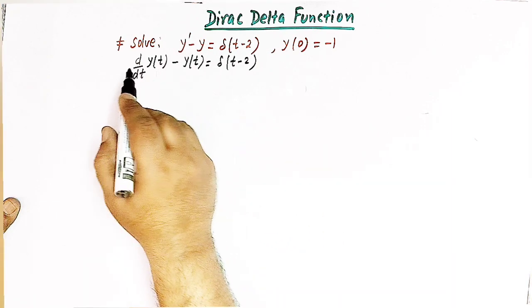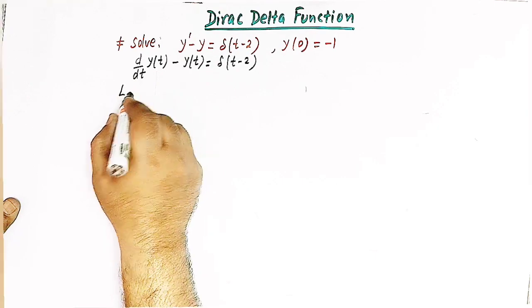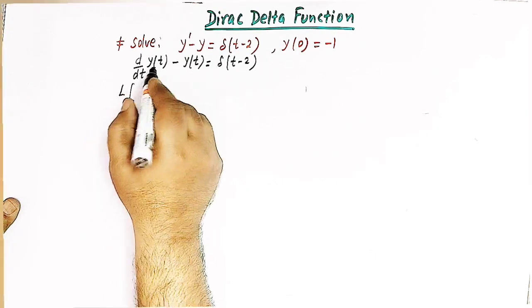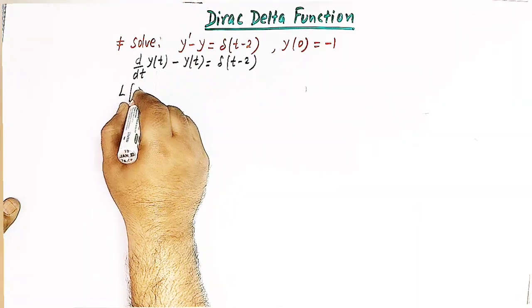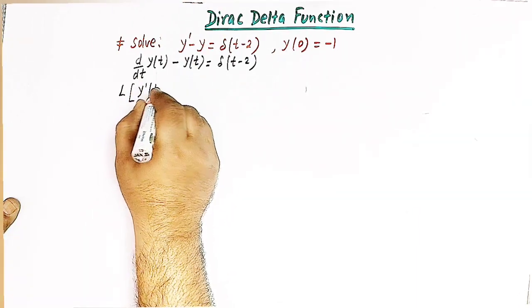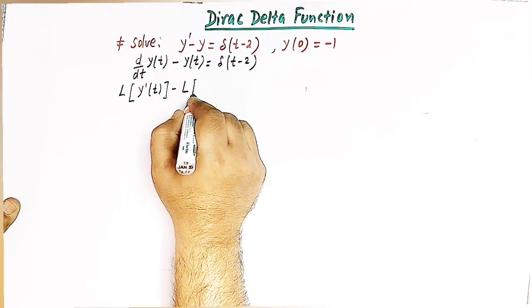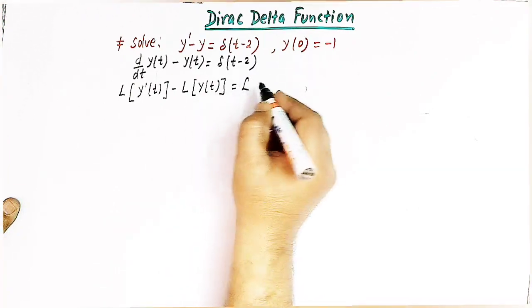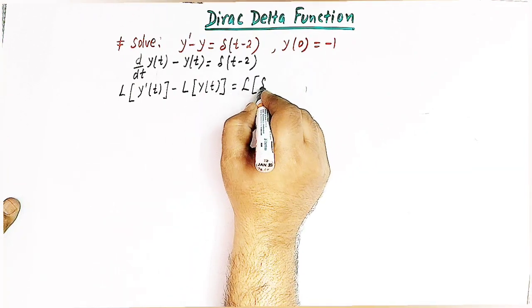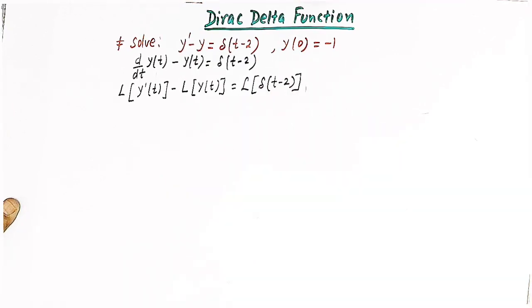Okay, now taking the Laplace transform of both sides, we'll write L, and then we have d by dt of y of t, which is simply y prime of t, right? And here we have the Laplace transform of y of t, and here we have the Laplace transform of the delta function, that is delta of t minus 2, right?